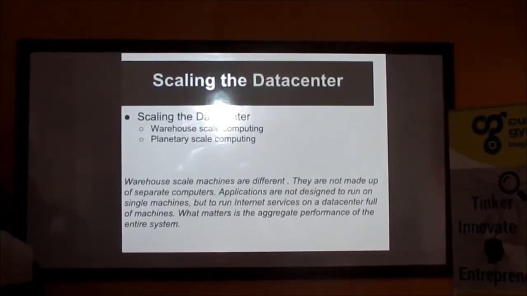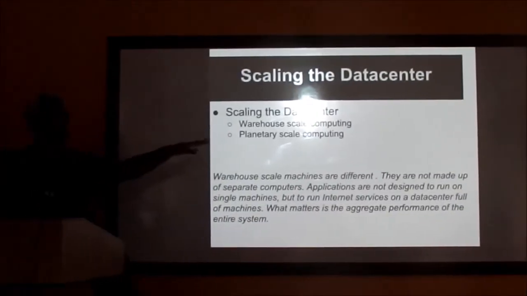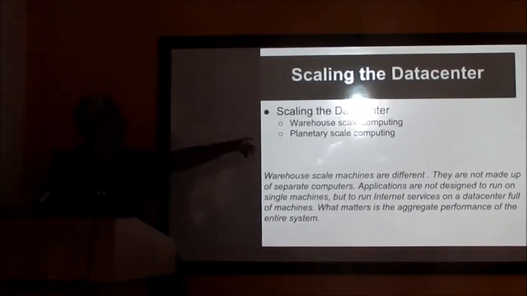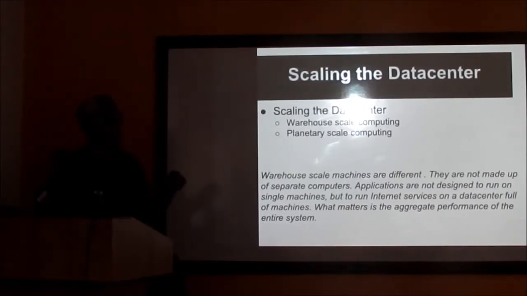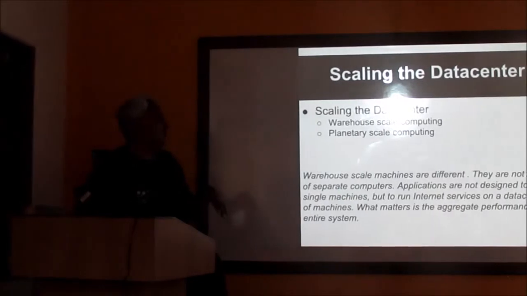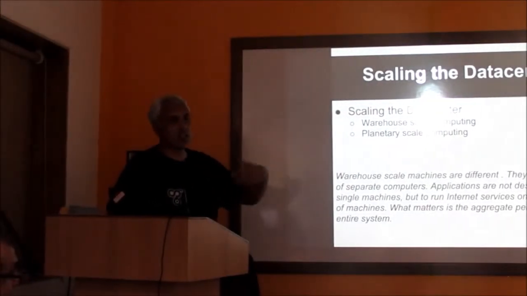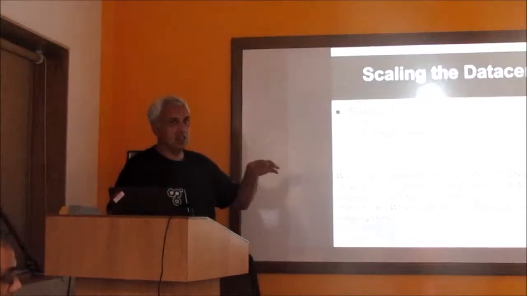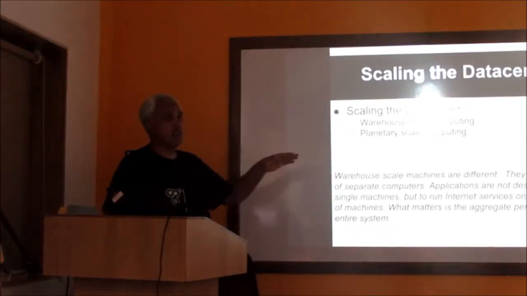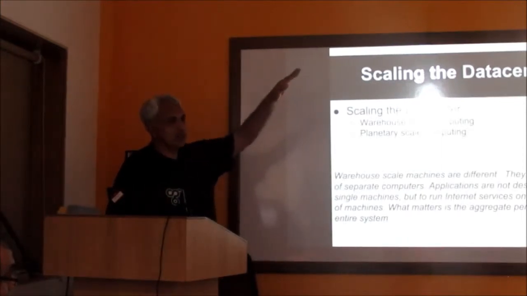So, going from a data center, you can think even bigger scale. They call that warehouse scale computing, and finally planetary scale computing. You're providing a service like search all over the world, and in any geography, the search load has a certain distribution.